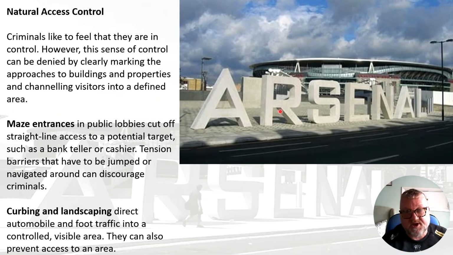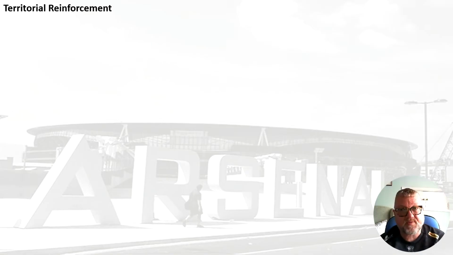And of course, no one's going to ram into them because there's a great big Arsenal sign made of concrete that stops anyone from doing that. And that's an example of CPTED curbing and landscaping and stopping access for the would-be criminals to inflict harm on passers-by and spectators. So that leads us on to territorial reinforcement.